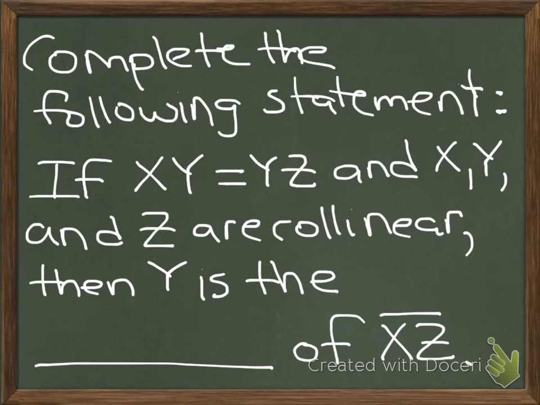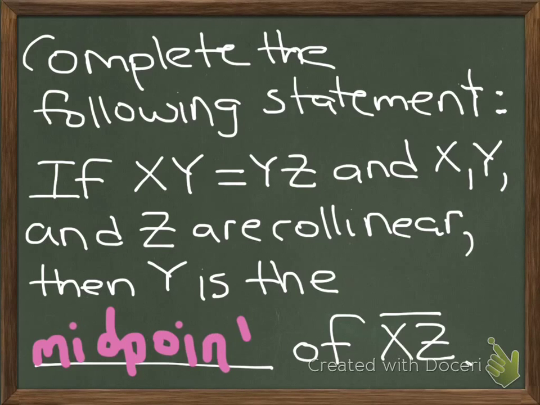So if these points are collinear, and if one side of the line is equal to the other side of the line, then point Y is going to be the midpoint of XZ.